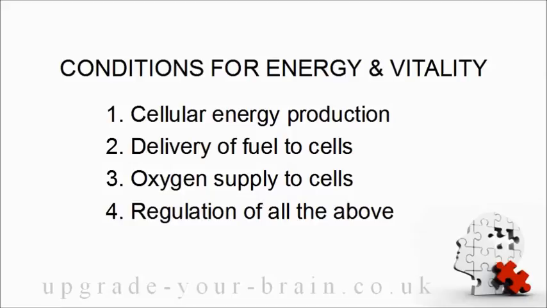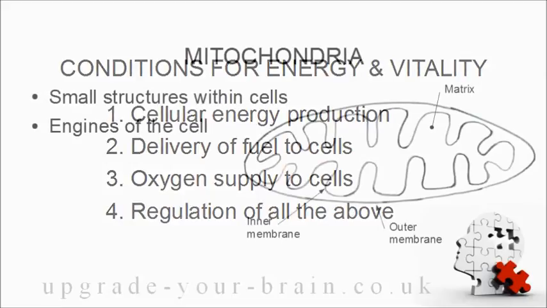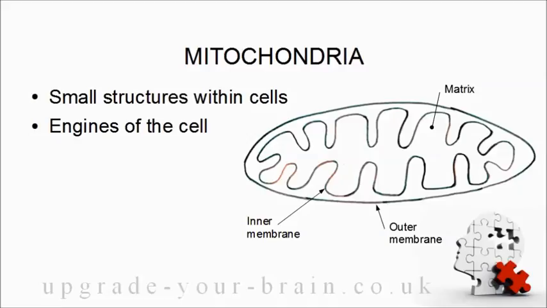All cells need to produce energy, and much of the action happens in small structures within cells called mitochondria. You can think of the mitochondria as the cell's engines. A typical cell might have a few hundred mitochondria, more if the cell needs a lot of energy, for example if it's a muscle cell.